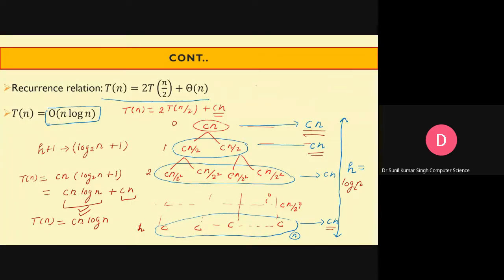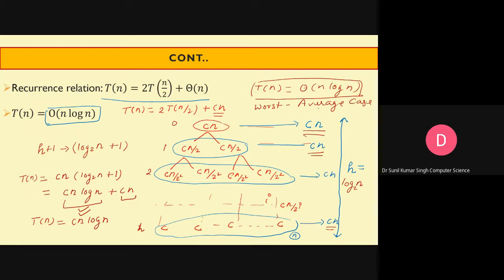Now, if we are going to write the time complexity of this algorithm, it can be written like T(n) is equal to theta of n log n. You can write theta of n log n, or maybe you can write order of n log n, because merge sort time complexity is the same in both cases, whether you consider the worst case or the average case.